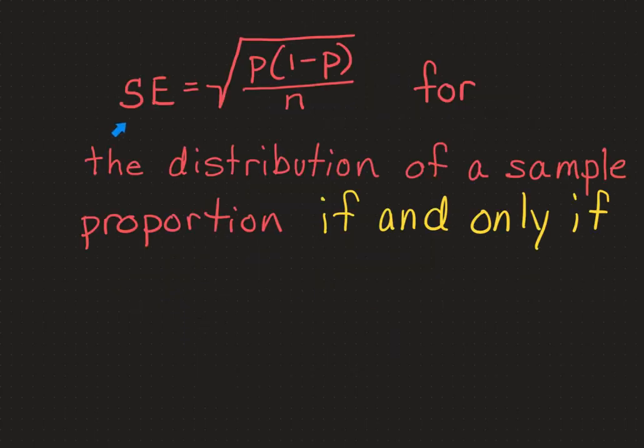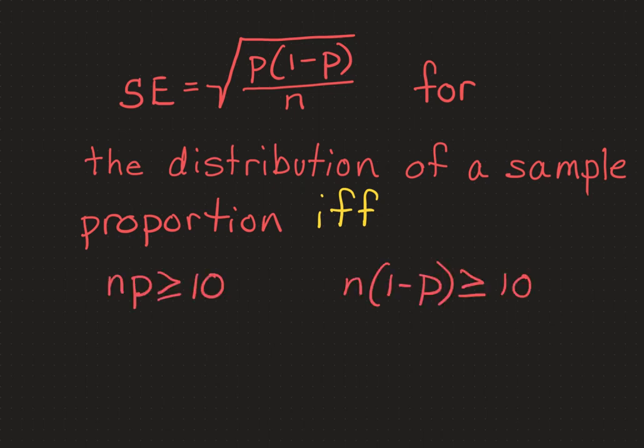The formula SE, or standard error, equals the square root of the population proportion times the quantity 1 minus p divided by the number in the sample is the formula for the distribution of a sample proportion if and only if these are true. The number in the sample times the population proportion must be greater than or equal to 10, and also the number in the sample times 1 minus the population proportion must be greater than or equal to 10, or you cannot use this formula.